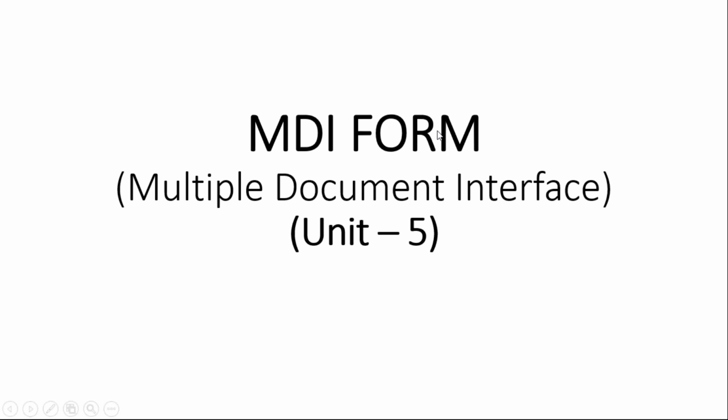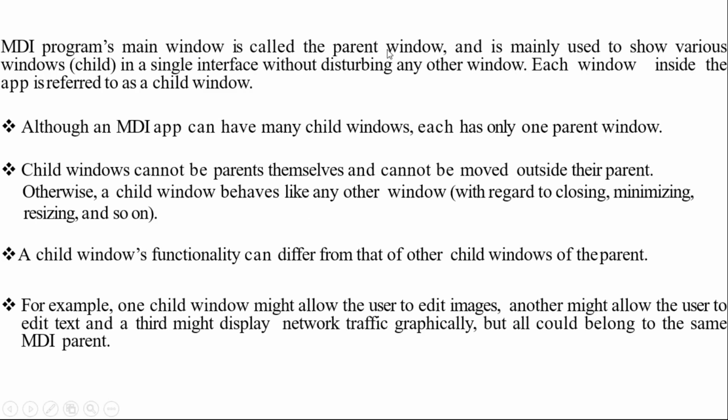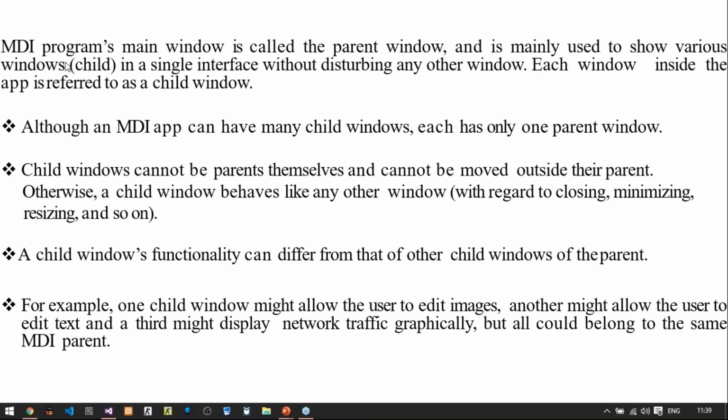that is MDI form. So moving on ahead, MDI form or program's main window is called parent window and is mainly used to show various child windows or forms in a single interface. Each window inside the app is referred to as a child window. So let us say my application is having 100 forms, and those 100 forms cannot be executed simultaneously using that program.cs file.